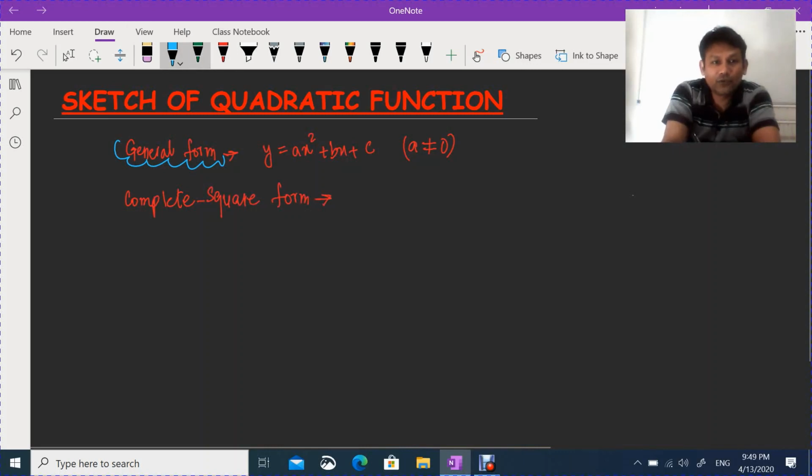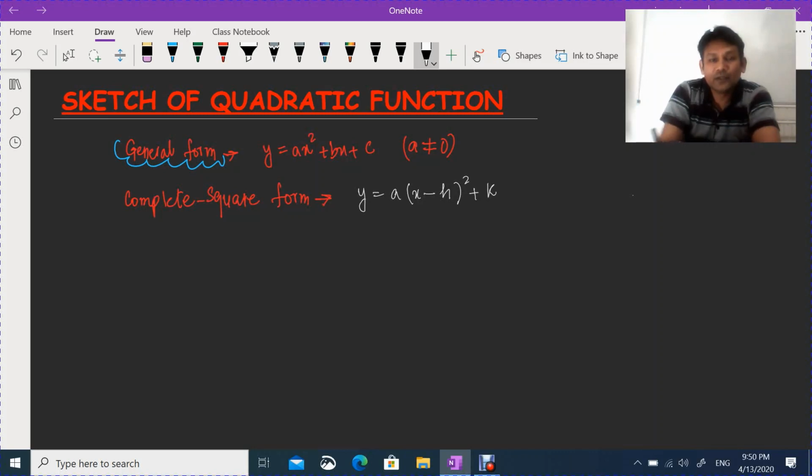The complete square form is y equals a(x minus h) whole square plus k, where h and k are the turning point of the quadratic sketch. Like when we draw the sketch, this is called the turning point.